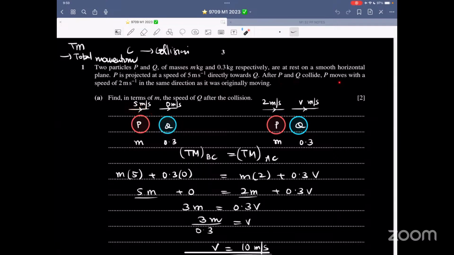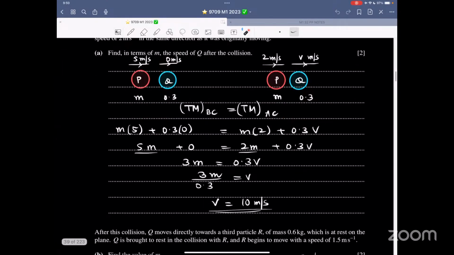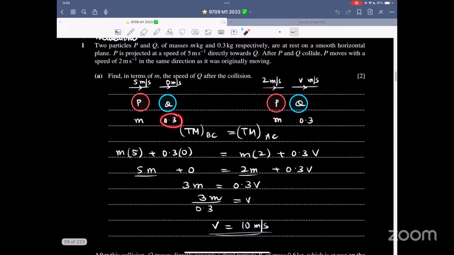After P and Q collide, P moves with a speed of 2 meters per second in the same direction as it was originally moving. I have a tendency of making things move to the right. Find in terms of m the speed of Q after the collision. Mass, speed, mass, speed.